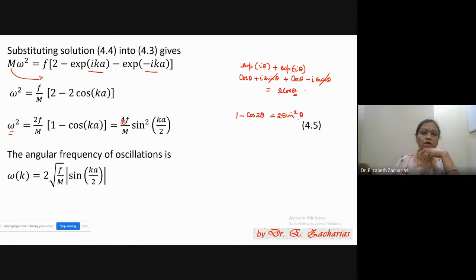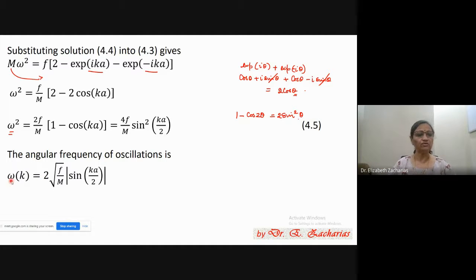Similarly here also, under root of 4, we are taking as positive 2. We are taking this positive simply because omega cannot be negative. Omega has to be positive. Angular frequency cannot be negative. That's one thing. Sine can take positive and negative values, we don't want negative. We are taking only positive.